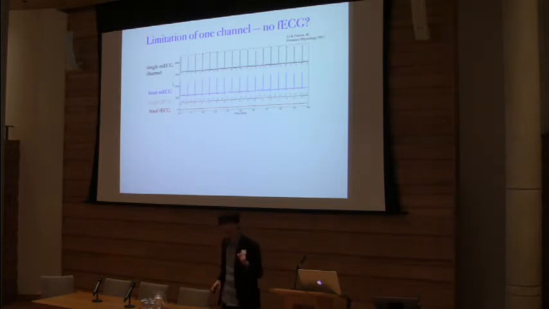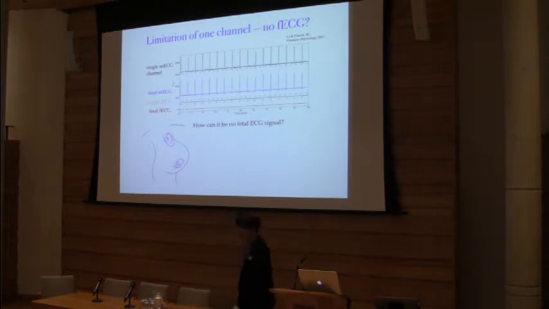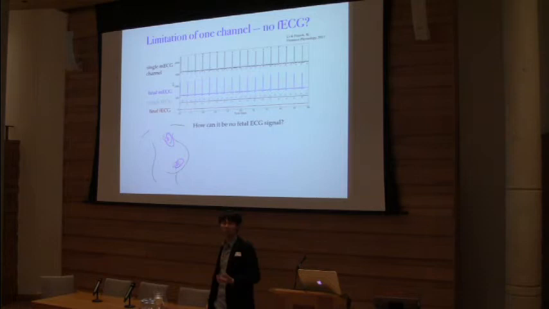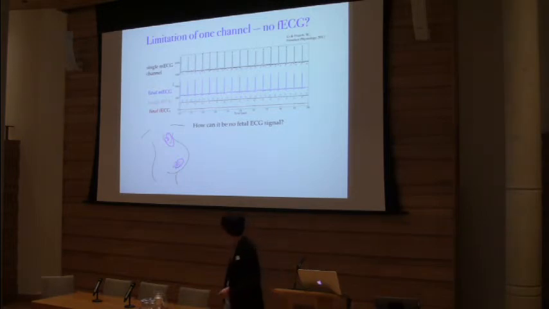However, if you think, why not? You will see that this is the maternal heart, this is the fetal heart. I'm sorry about my drawing. The ECG signal can be quantified by vector cardiogram, which is a three-dimensional trajectory quantifying the current potential, right?